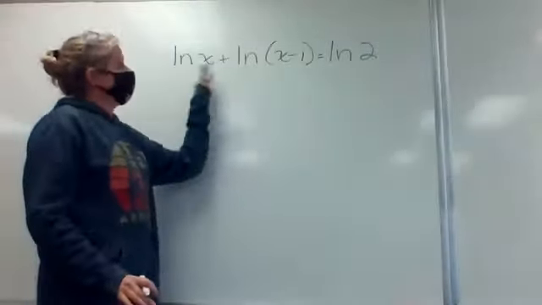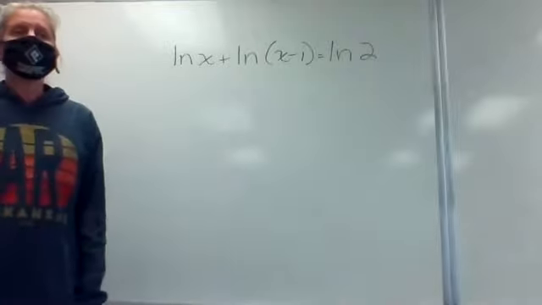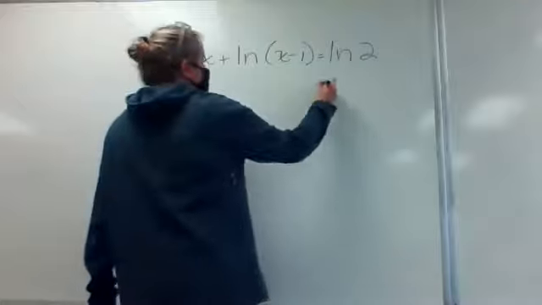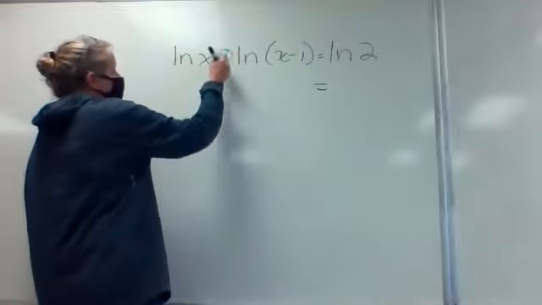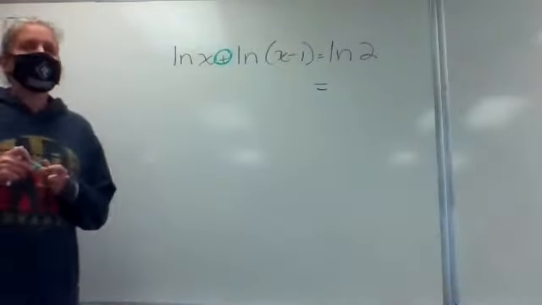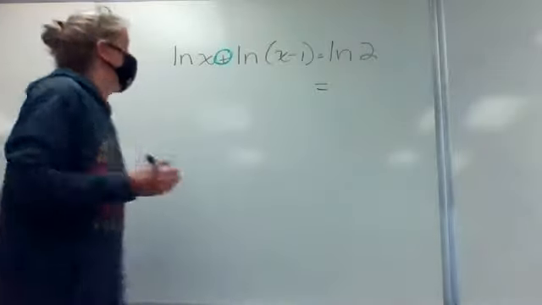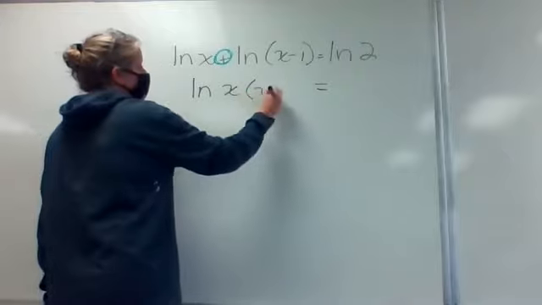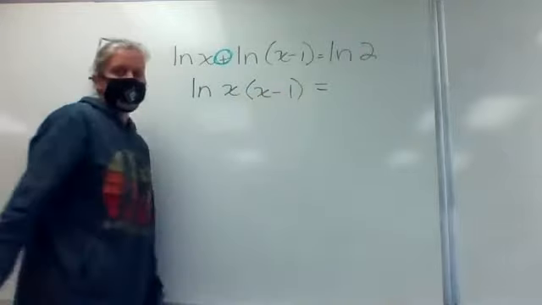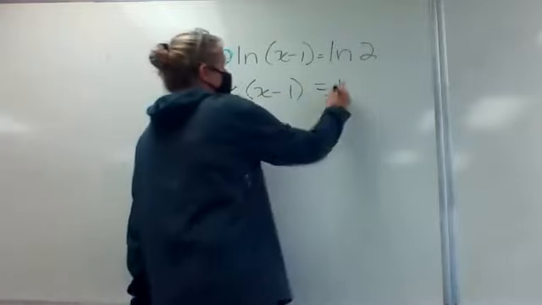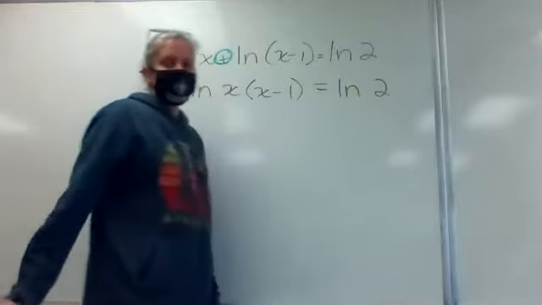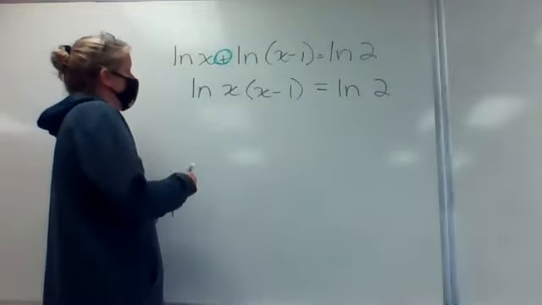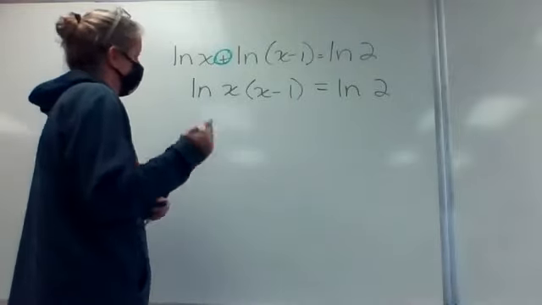So again, if you have multiple logs on one side, use the rule where you can rewrite that as a single log. So this time, since it's added, I'm going to turn that into the product of the two ln's. So I'm going to have ln of x times x minus 1 equals ln of 2.